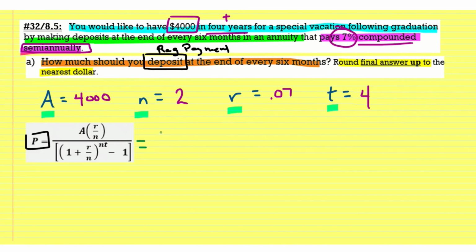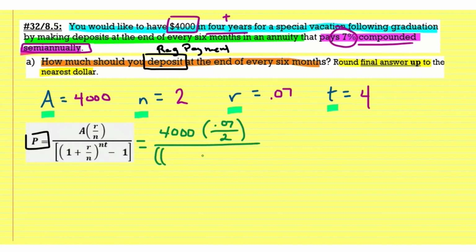The A number is 4,000, so $4,000 is the goal. That's what we want our final annuity value to be. Rate is 0.07. Our number of compounding periods is how many times we are going to make this payment. We're going to make it twice a year, semi-annually. And that is the numerator, denominator, parentheses, parentheses.